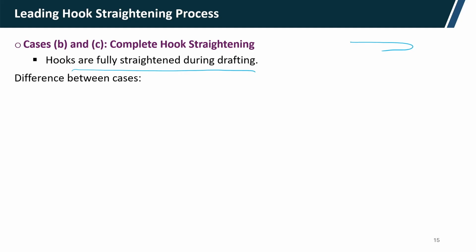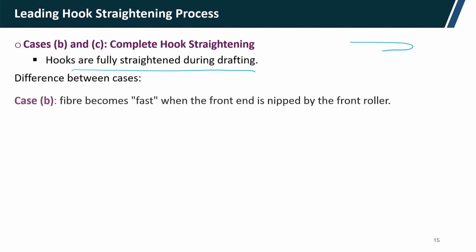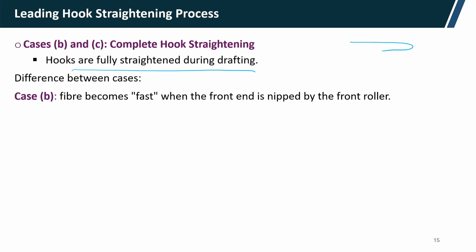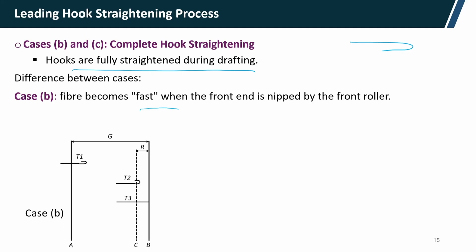The difference between these cases: in case B, the fiber becomes fast when the front end is nipped by the front roller, and here you can see the fiber when the front end is nipped by the front roller.